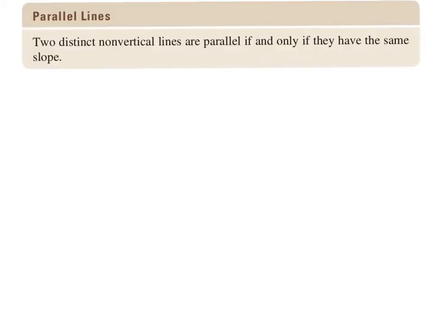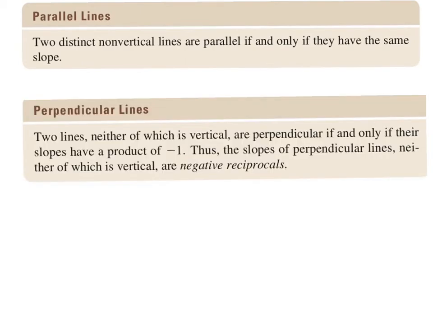Next thing we're going to go over is the concept of parallel and perpendicular lines. Two lines are parallel if they have the same slope. What you need to remember about perpendicular lines is that their slopes are negative reciprocals. Meaning that if the slope of one line is, say, positive 2/3, the slope of the other line would be negative 3/2.